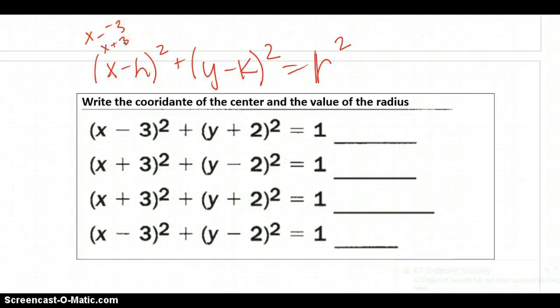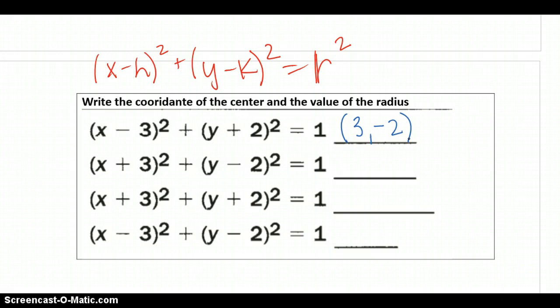Is that what I want? No, so I just plug in 3. So whatever it looks like is in here for h, it's going to be the opposite. Think of h and k as lying; it's going to be the opposite sign of what it looks like. So here our center is going to be at positive 3 for h and negative 2 for k.